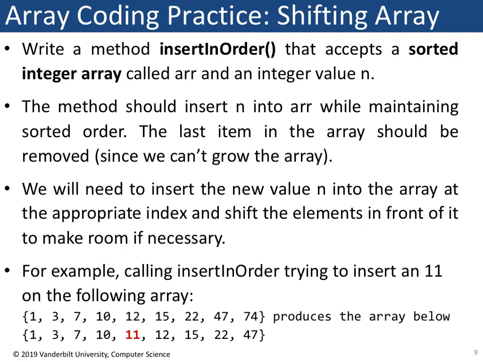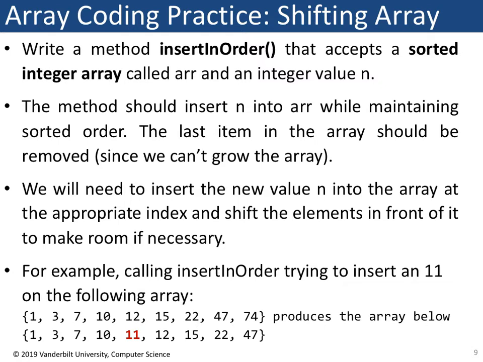Since we want to change the array object and not create a new array, we are going to delete the last item, because obviously if we add one item to an array of length 6, the array length should become 7. Instead, when we insert this new item into the array, we are going to delete whatever item is pushed out into the new index.